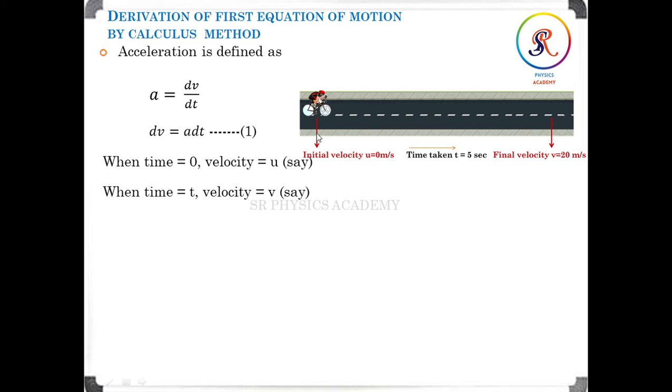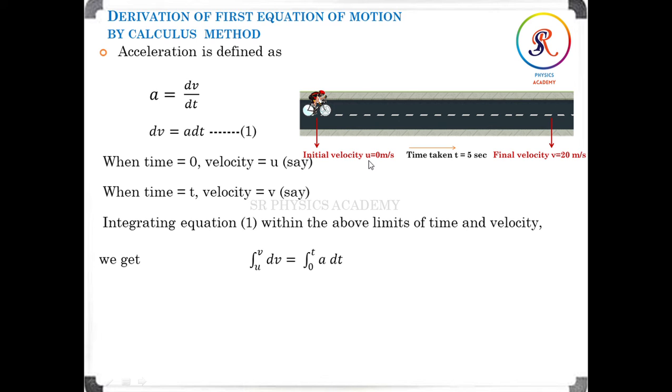When the time is 0, the initial velocity is U. Here this is the final velocity, and the final velocity we consider as V.